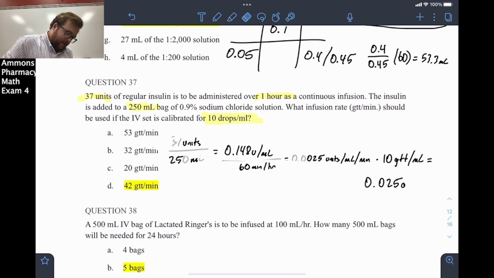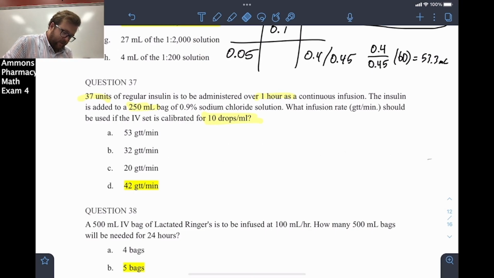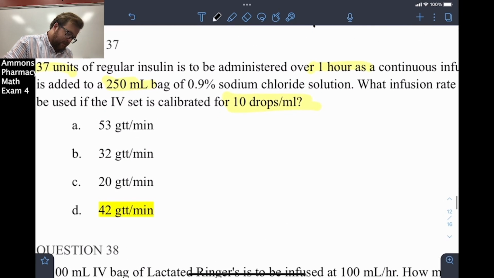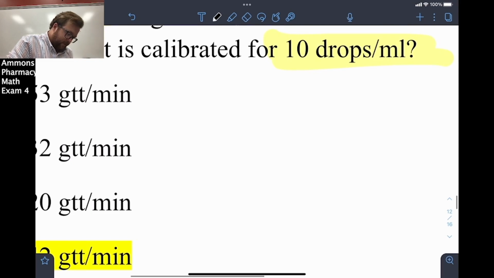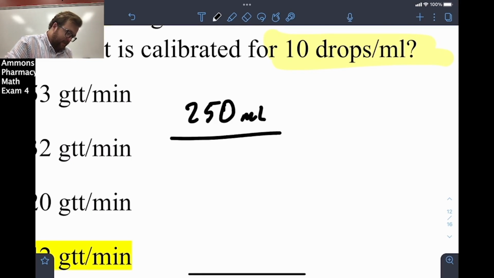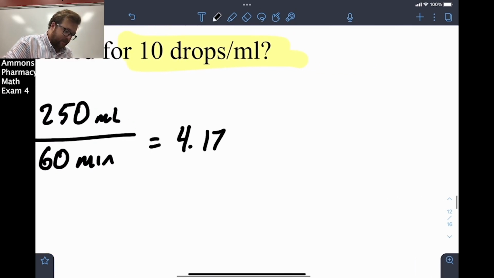I did not need units. I don't care about units. All I care about is the mils. 250 mils over an hour is how many minutes? 250 divided by 60 is 4.17 mils per minute.